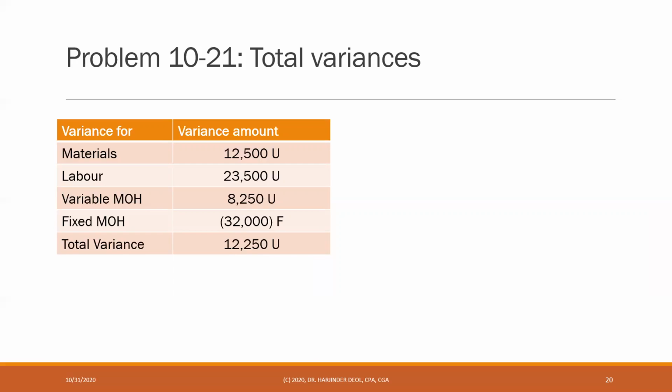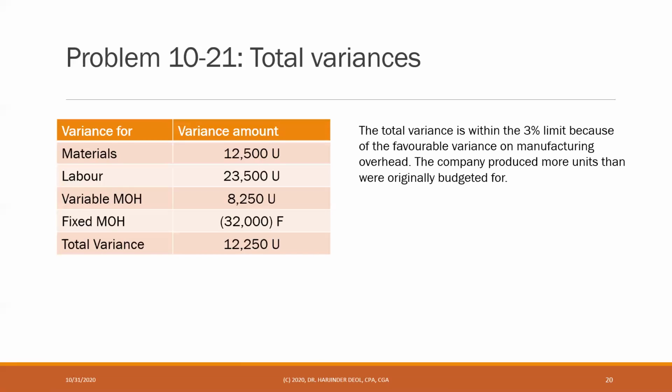However, what is important to keep in mind is that the total variance, although it is within the 3% limit, the reason for that is because it's entirely due to the favorable variance on manufacturing overhead. And what's driving that predominantly is that the company actually produced more units than were originally budgeted for.